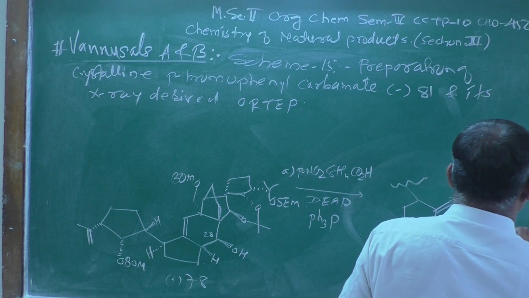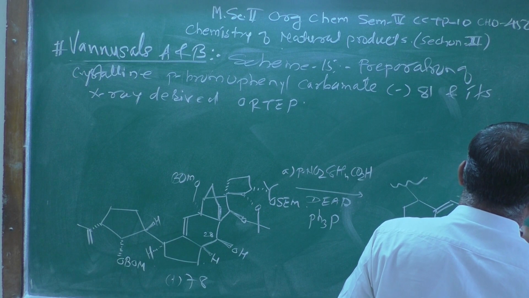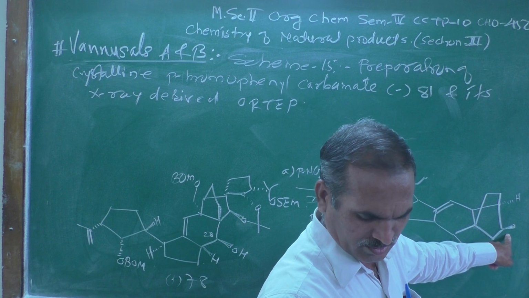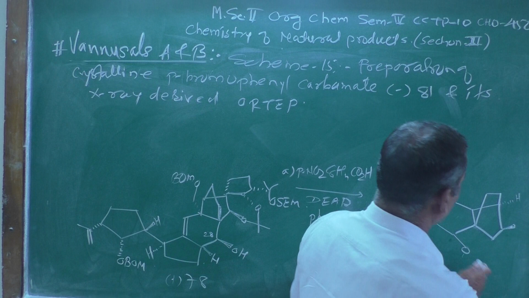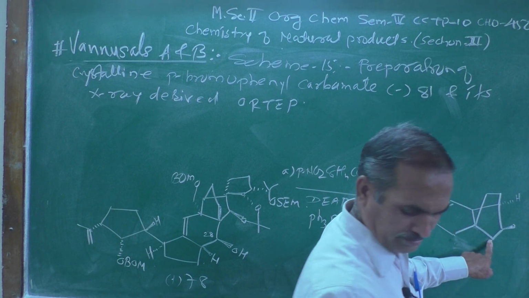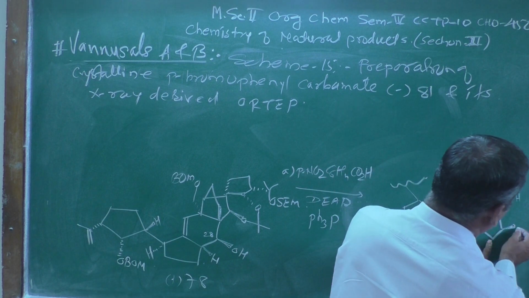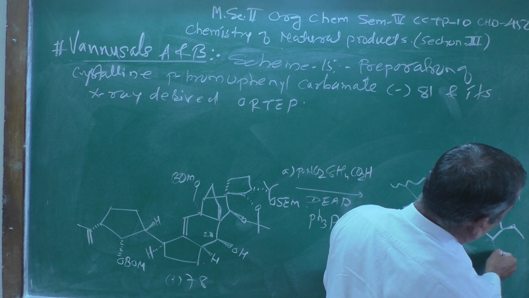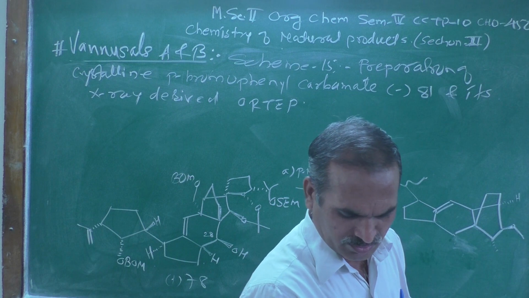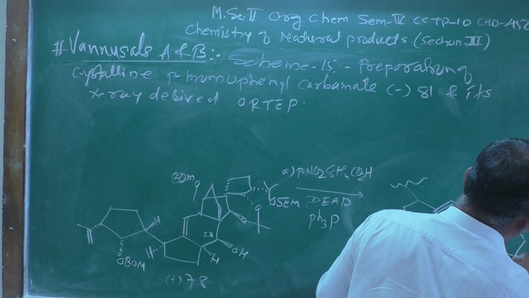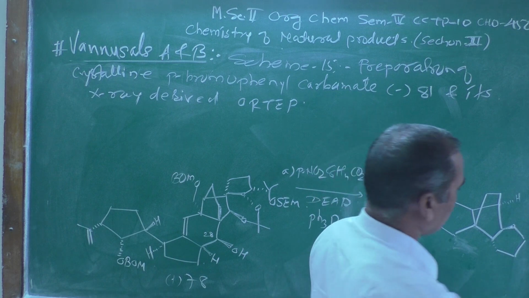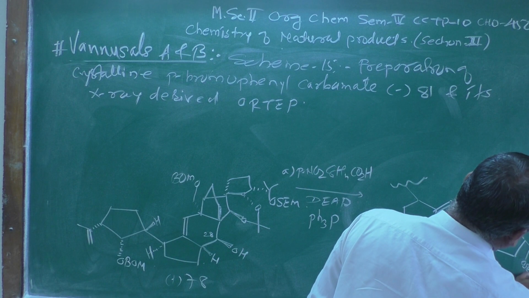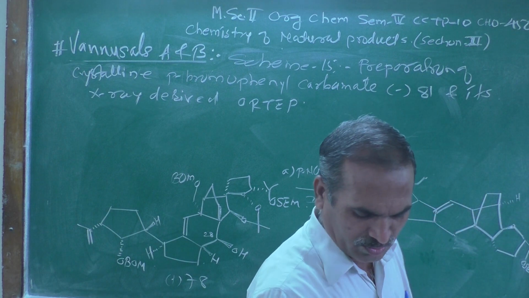After that, this is a group where we can show the 5-membered ring, and here this is the group OSEM, that is a protected hydroxyl group.